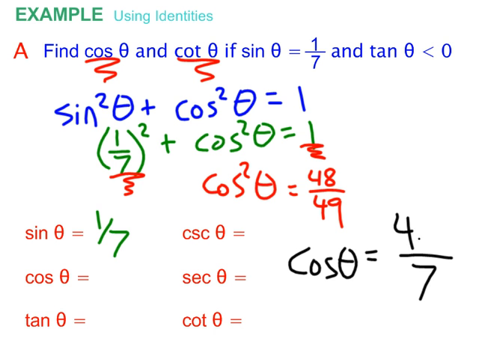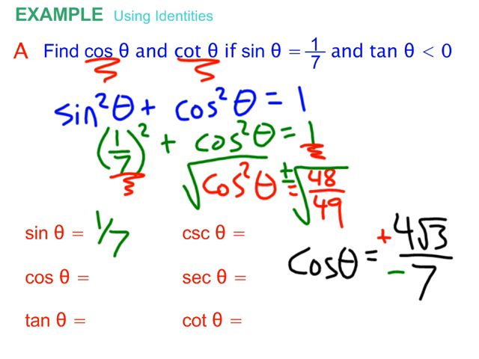Call it 4 root 3. But here's the mistake. They just stop right there. We need to ask ourselves, is it the plus or is it the minus? Because remember, anytime that you introduce a square root sign into a process, you must consider the plus or minus. So, question. How do we figure out whether the cosine is the plus or the minus?